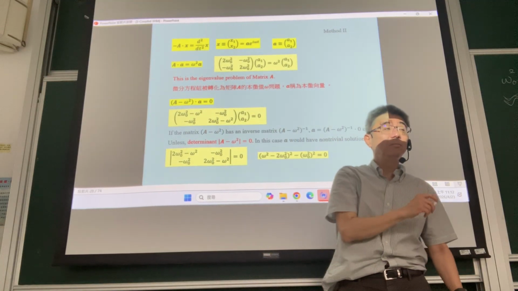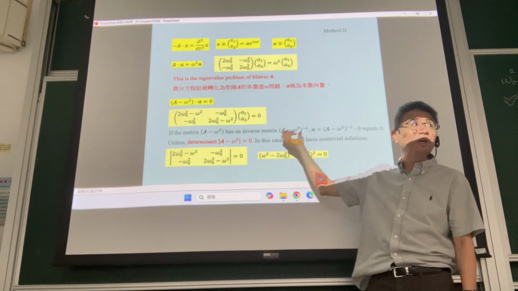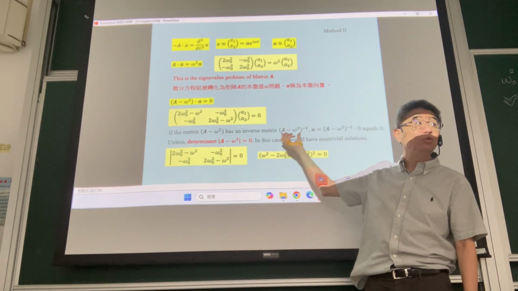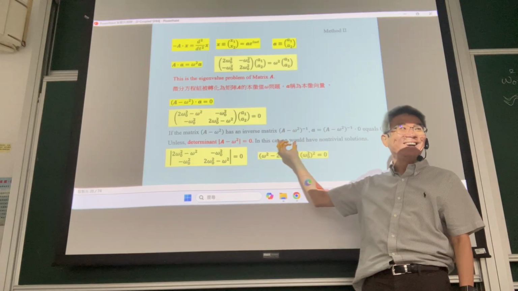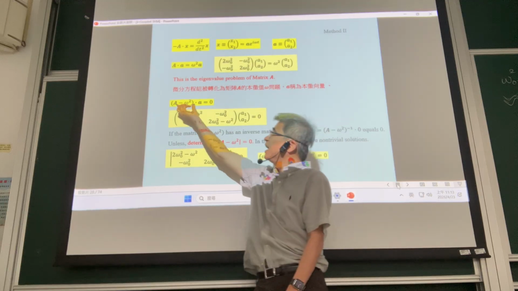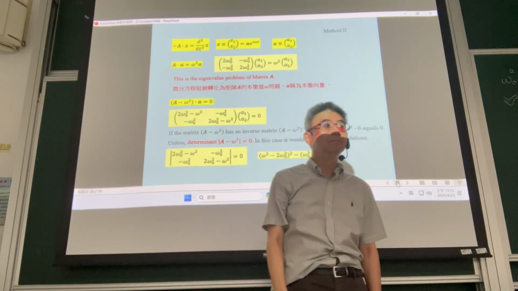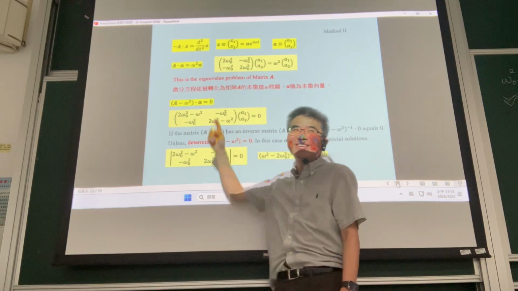If you have learned matrix, you know that every matrix has an inverse matrix. You remember, right? There is an inverse matrix. If this guy has an inverse matrix, then A is equal to 0, because the right-hand side is 0.